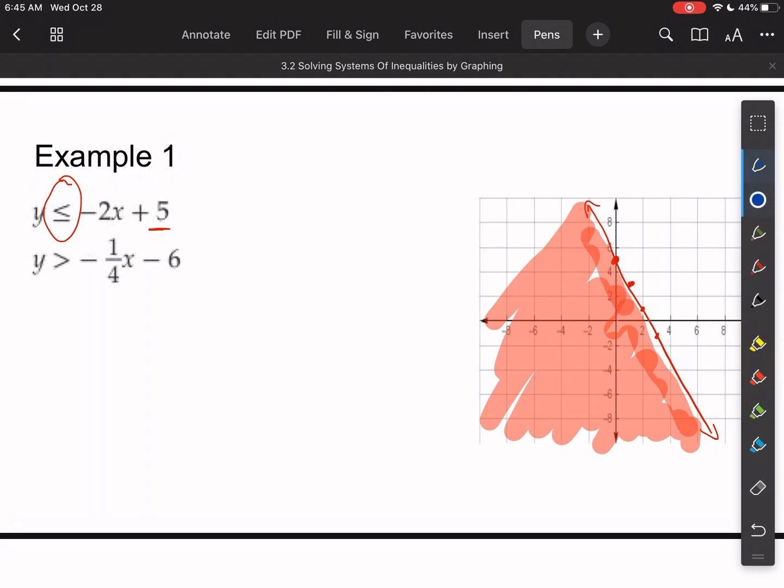Now let's change colors and go to the second part. For the second one, my y-intercept is at -6. Then I am going to be going down 1 over 4. Going down 1 over 4 is actually the same thing as going down 2 over 8, so I could do that as well. I could go down 2 over 8 and be there, and I can go up 2, back 8, and be over here.